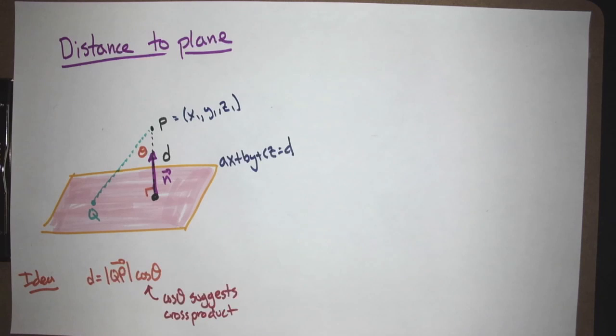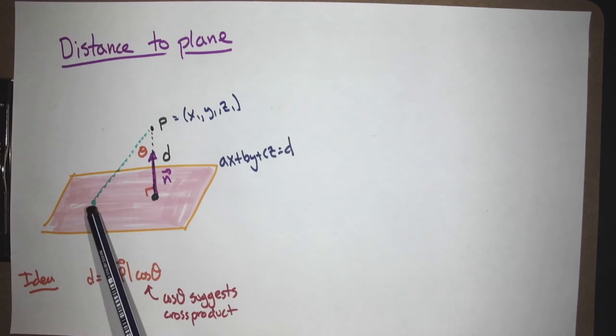And I want to say, what is the distance to the plane? Well, we have the normal vector because we can read off the coefficients. It'd be great if we had that point, but maybe we don't have that point. So what can we do instead?